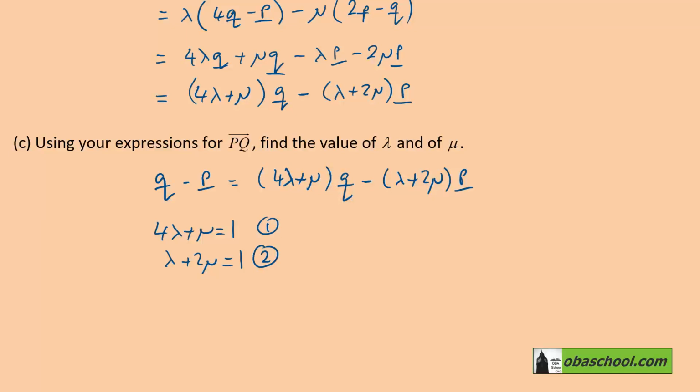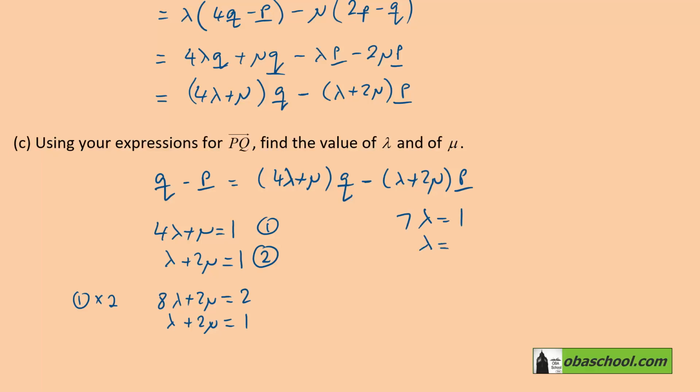So, doing equation 1 times 2 gives me 8 lambda plus 2 mu equals 2. Then lambda plus 2 mu is equal to 1. So if we subtract, we get 7 lambda equals 1.